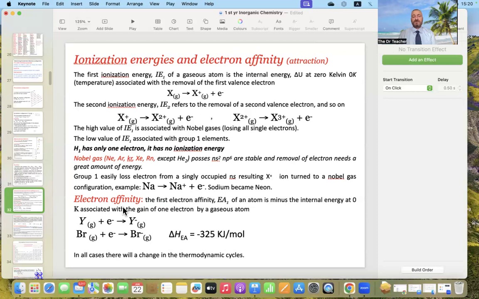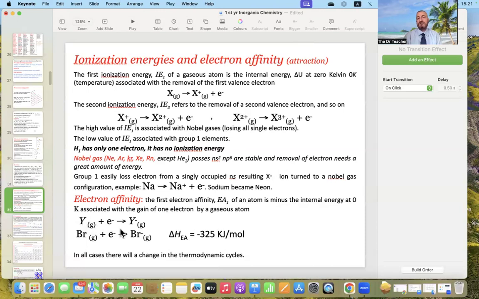Electron affinity, that's the attraction of the electron. The first electron affinity, EA, of an atom is minus the internal energy at 0 Kelvin associated with the gain of 1 electron by a gaseous atom. If the element is symbolized with Y, a gas, gaining 1 electron, because it's an affinity. Affinity means gaining 1 electron.